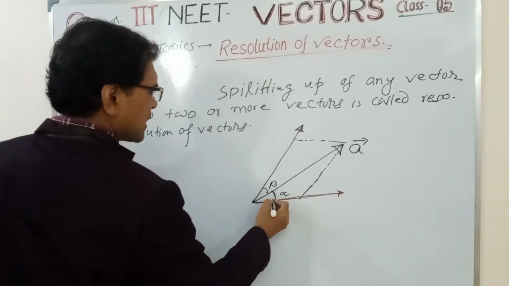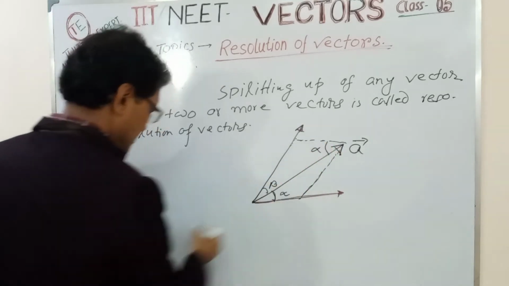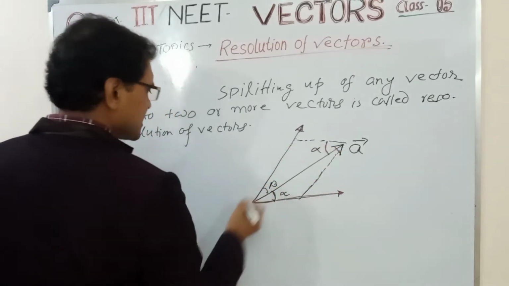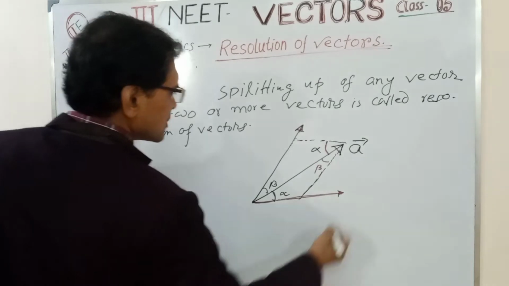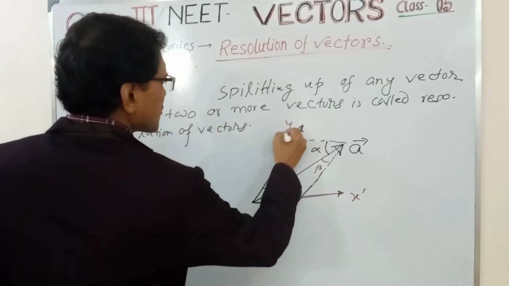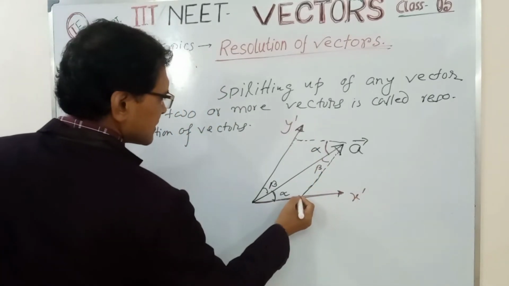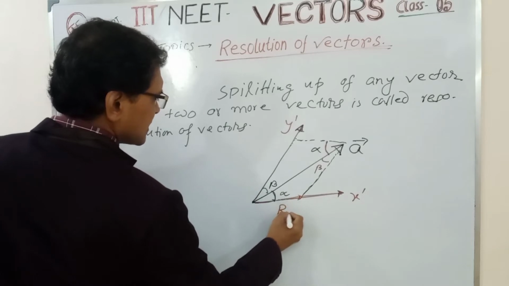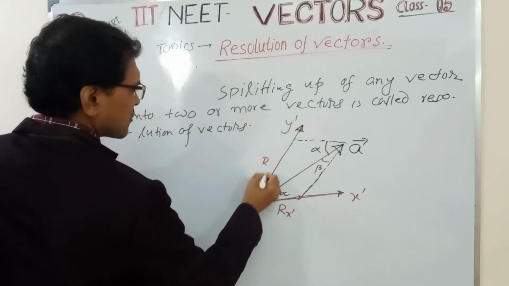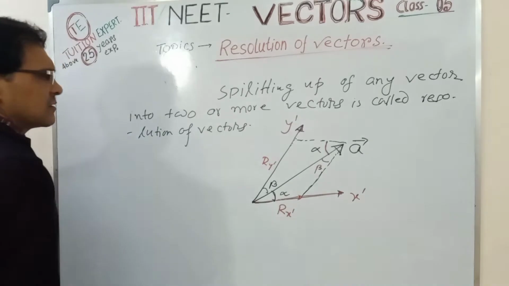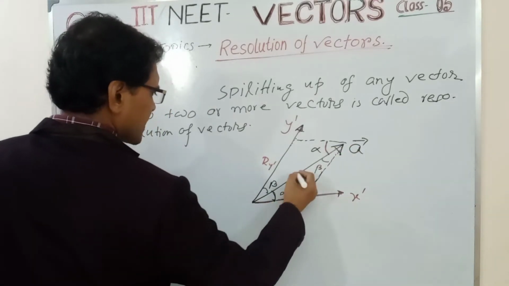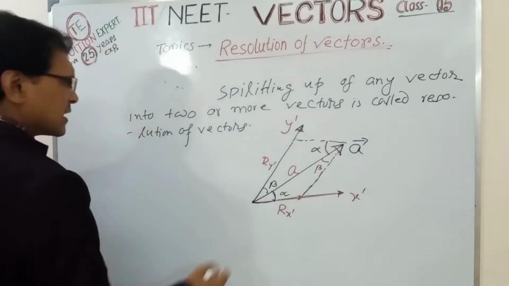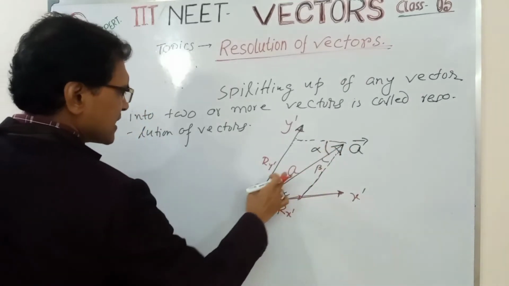If this angle is alpha, then this is alpha, and if this is beta, then this is beta. Suppose these are Rx dashed and Ry dashed, and the total length of this side is A.